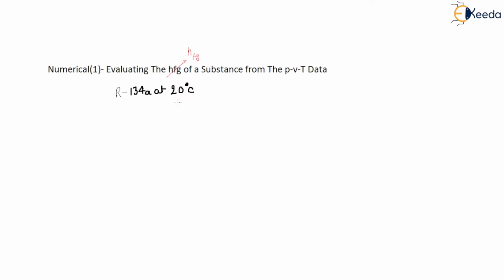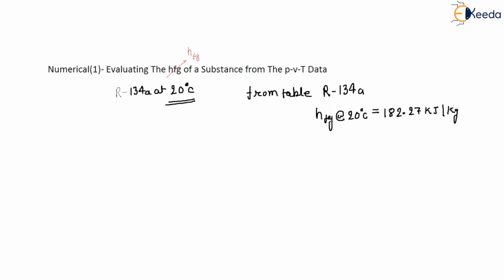So from the table for R134A, HFG at 20 degrees is approximately 182.27 kilojoule per kg.